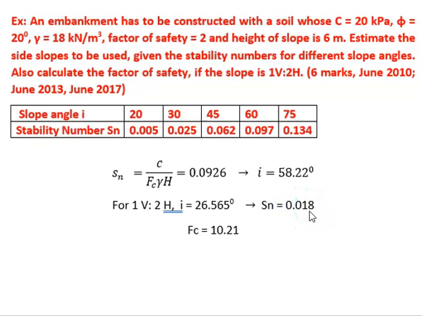Corresponding to this value, we can estimate the factor of safety by taking the same equation once again and substituting the value of Sn. So Fc equal to C by Sn into gamma into H. So we can estimate the factor of safety, which is coming as 10.21.